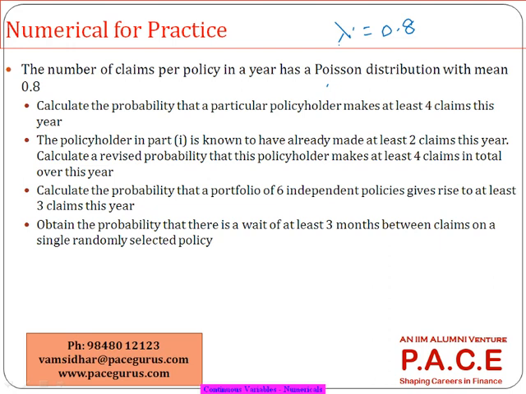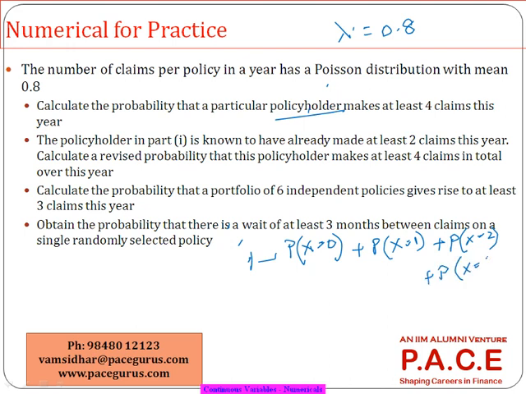Okay, calculate the probability that a particular policyholder makes at least 4 claims in this year. What is the chance of making at least 4? So 4 or above, right? 4, 5, 6, 7, whatever it is, which is nothing but the whole thing minus 0, 1, 2, 3. Probability of x equal to 0, probability of x equal to 1 claim, 2 claims and 3 claims.